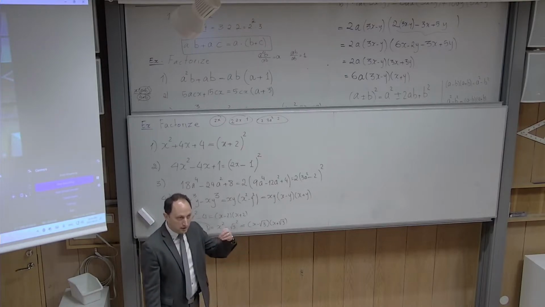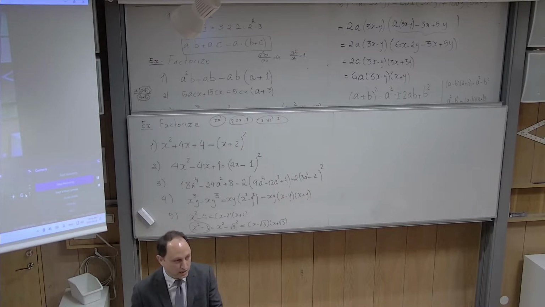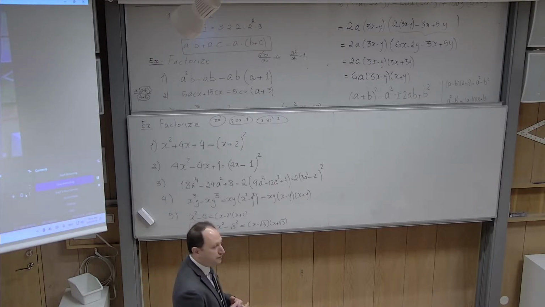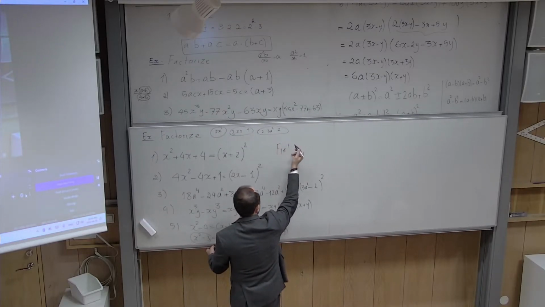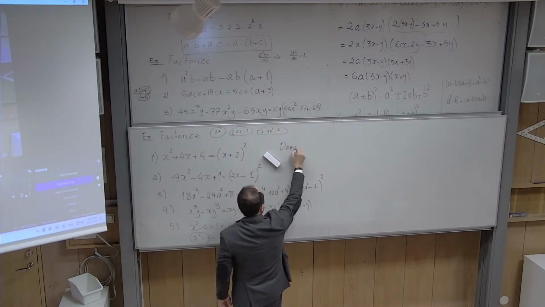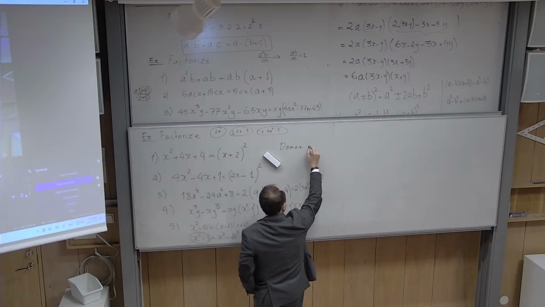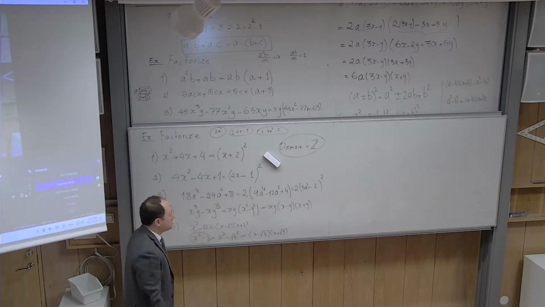This is called the field of factorization. The field of factorization, which field? So the domain of factorization by default is Z. It means that the numbers involved should be integers.